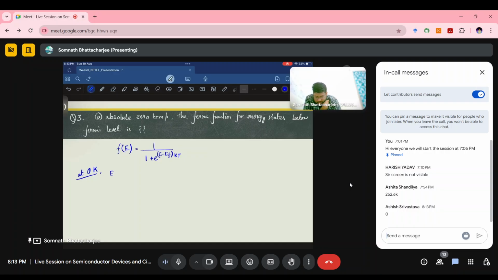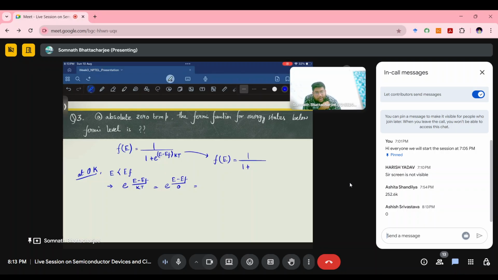Actually, at 0 Kelvin, E is less than EF. So the function is 1 by 1 plus e to the power of (E minus EF) by kT, that is E minus EF, which is negative, divided by 0.